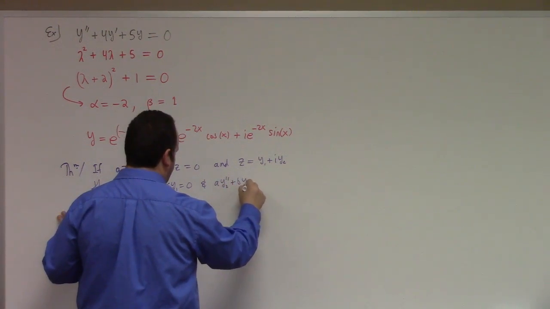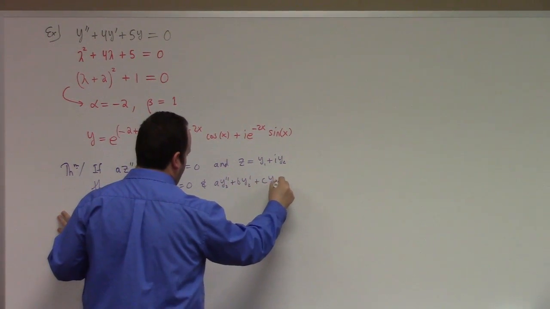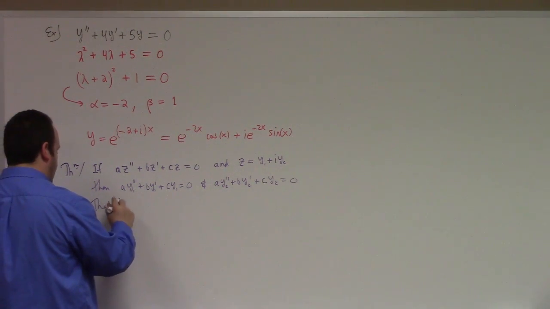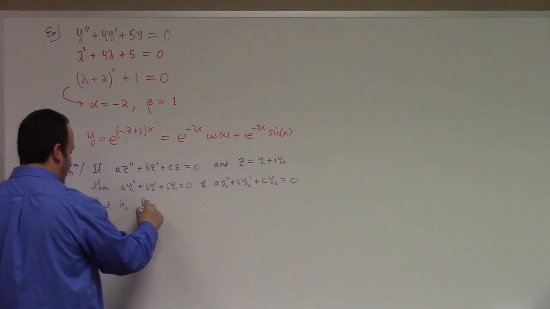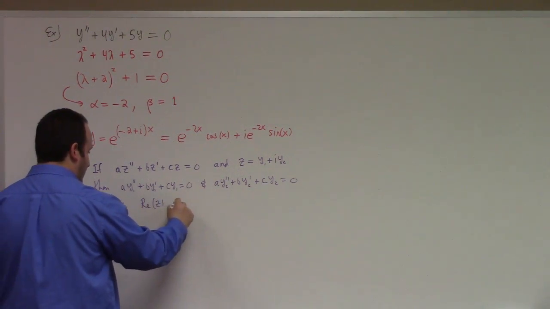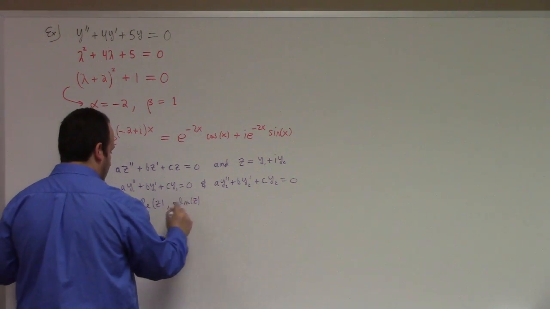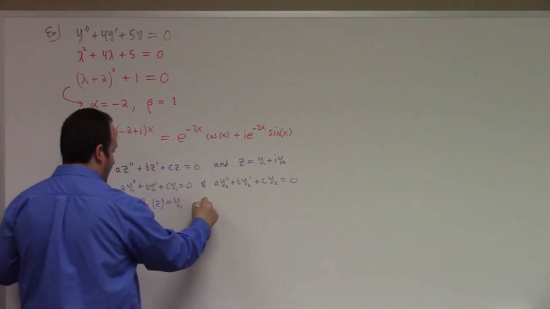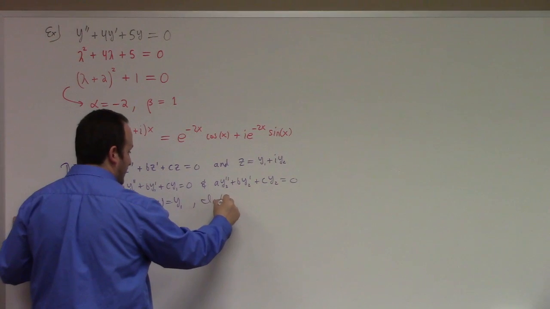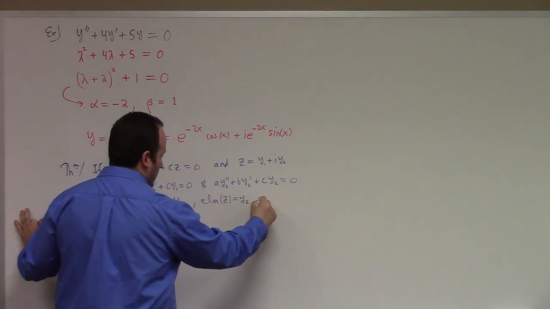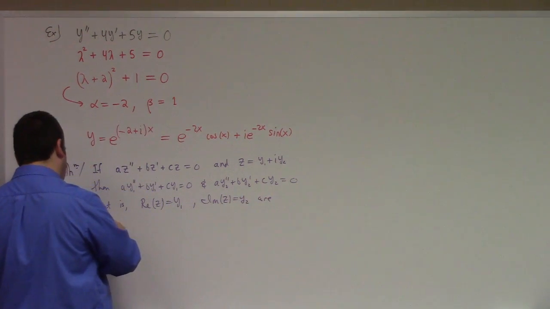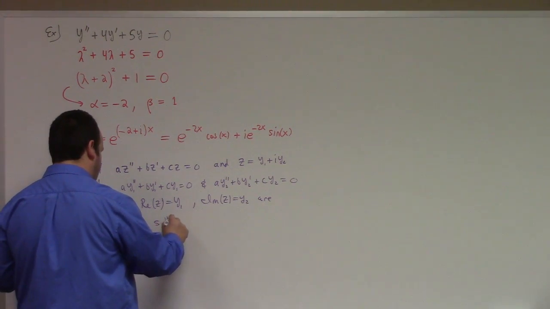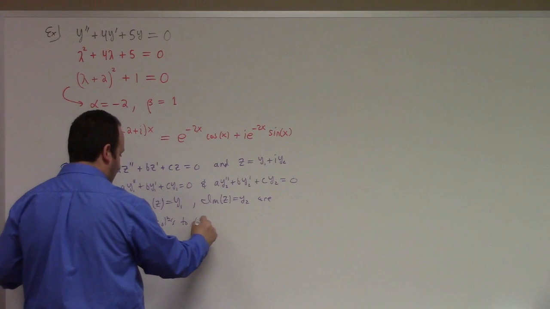In other words, that is to say, the real part of z and the imaginary part of z, which, by the way, are y1, and the imaginary part in my notation would be y2, are both real solutions to star.